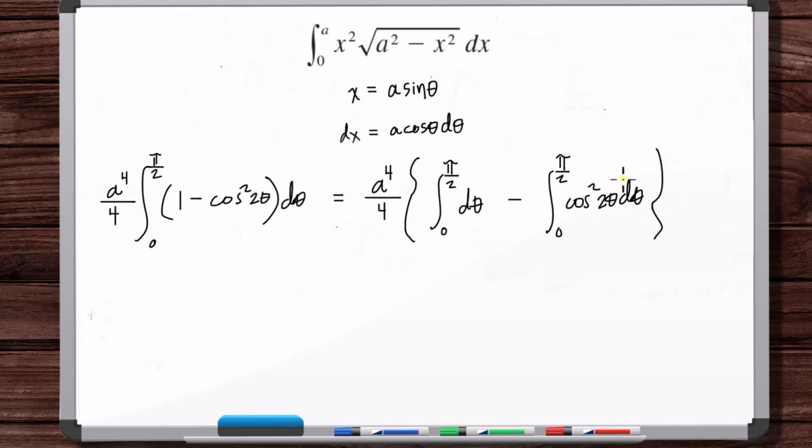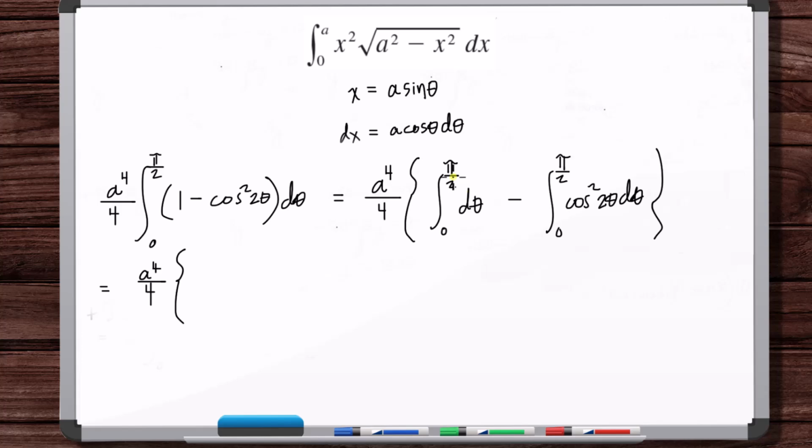And so we can use that same double angle identity again, or half angle identity, whatever it's called. Okay, so this is just going to be pi over 2, right?